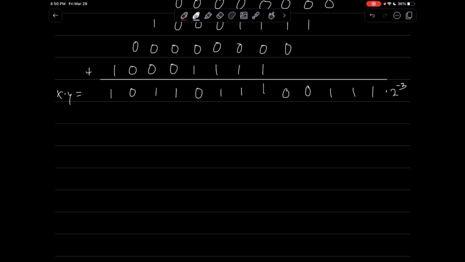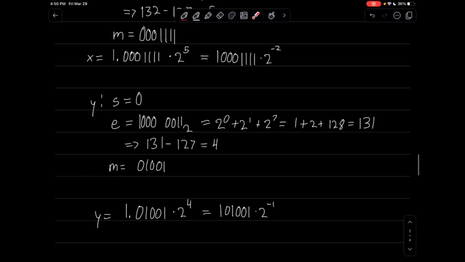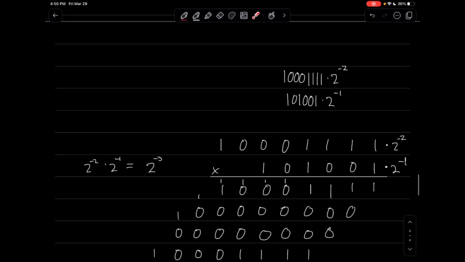Well, first I kind of want to introduce the binary point again. So how do I do that? Remember where we shifted over the binary point? The binary point is kind of chilling over here. That's why our exponent is to the -3 instead of, say, to the 5 plus 4, in other words, to the 9. So let's go ahead and normalize our product.